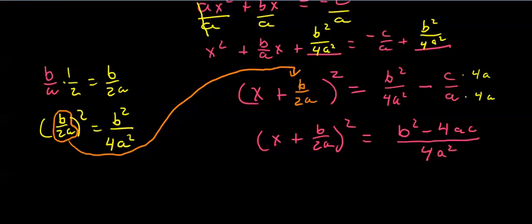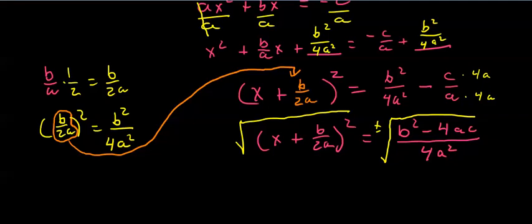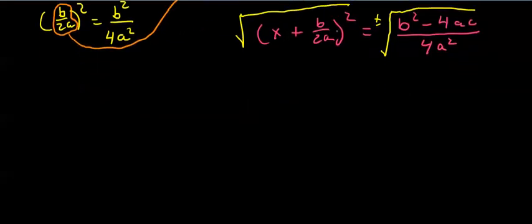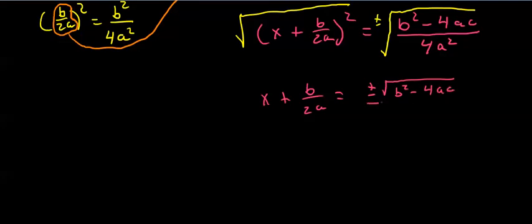I now take the square root of both sides, plus minus, make sure my whole fraction is in the square root, and I'm almost done. Believe it or not. I now have x plus b over 2a, the square root, equals plus or minus the square root of b squared minus 4ac all over square root of 4 is 2, square root of a squared is a.